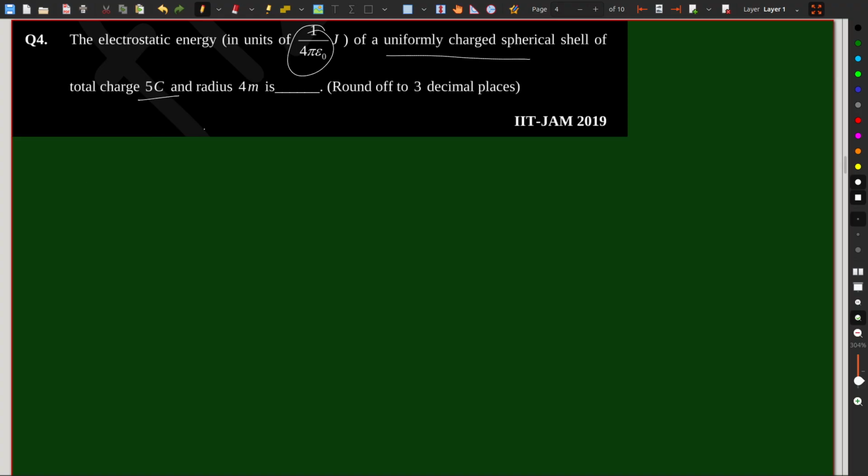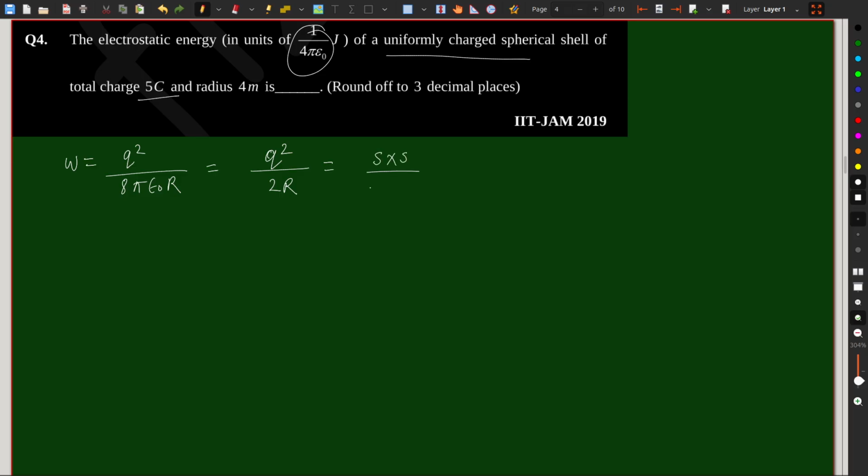From the previous question we have written the formula for electrostatic energy for a spherical cell: Q square over 8 pi epsilon naught R. So we need not put the value of 1 over 4 pi epsilon naught, because we have to tell the electrostatic energy in 1 over 4 pi epsilon naught units. So that will be Q square over 2R.